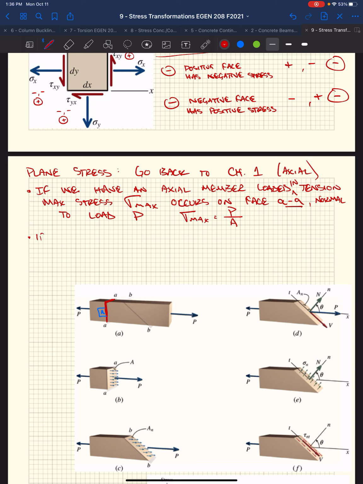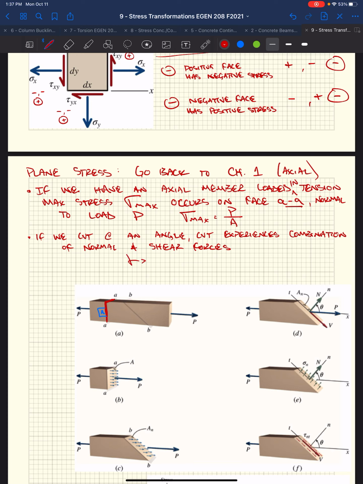So if we cut at an angle, that cut experiences a combination of normal and shear forces, right?